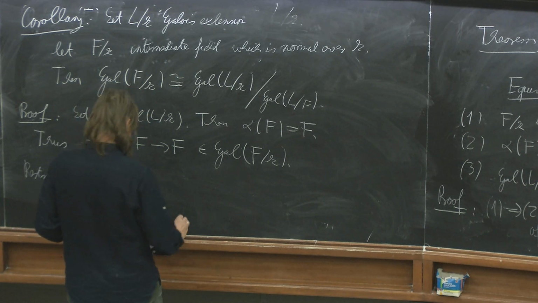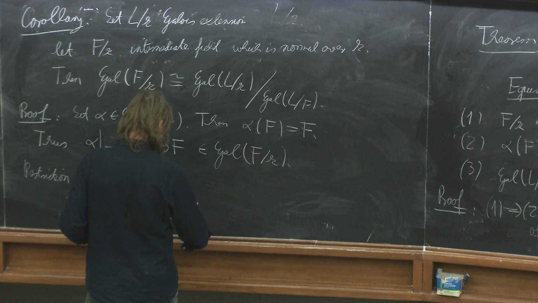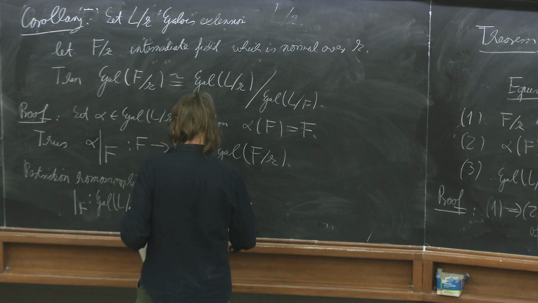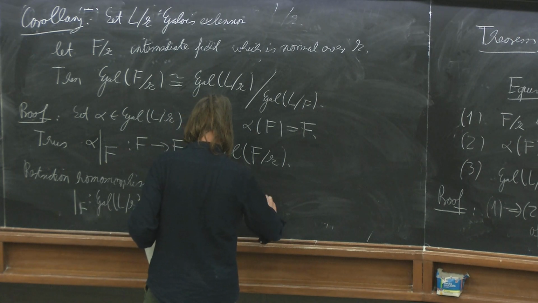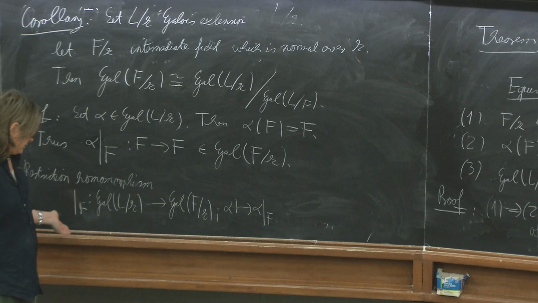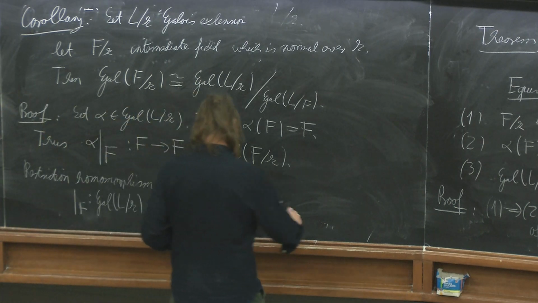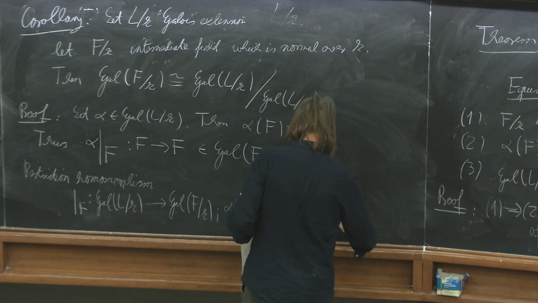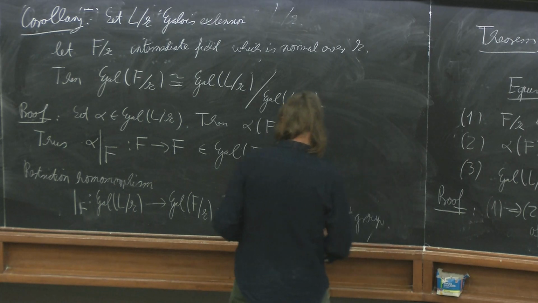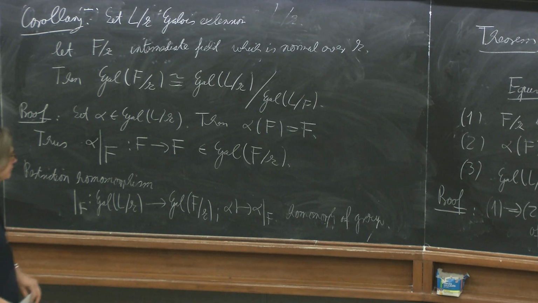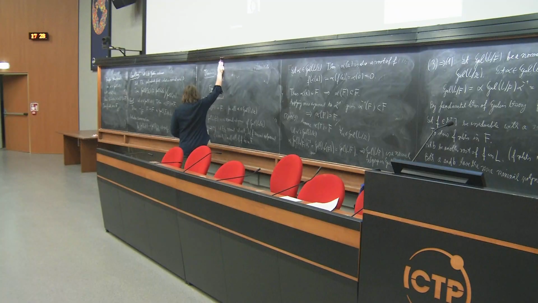I could call it restriction to F, from the Galois group of L over K to the Galois group of F over K, which sends an element alpha to alpha restricted to F. So this is clearly a homomorphism of groups. The composition of two such elements in the Galois group corresponds to the composition here. Restrictions obviously commute with composition. And what is the kernel of this map?